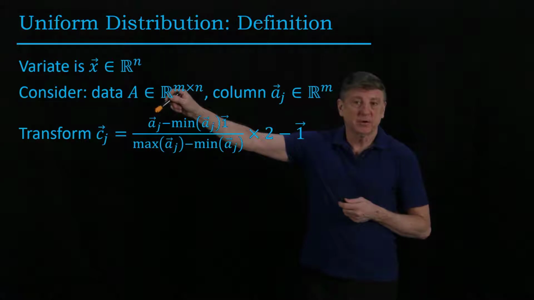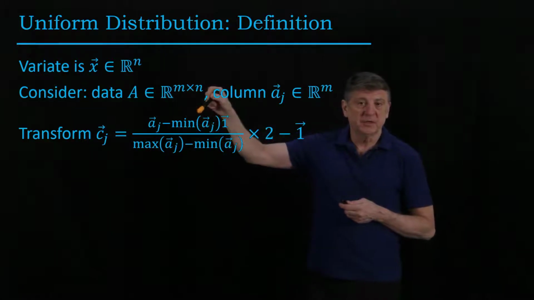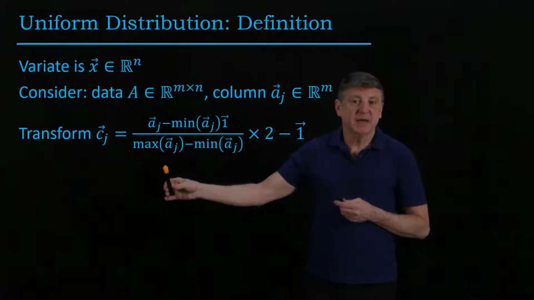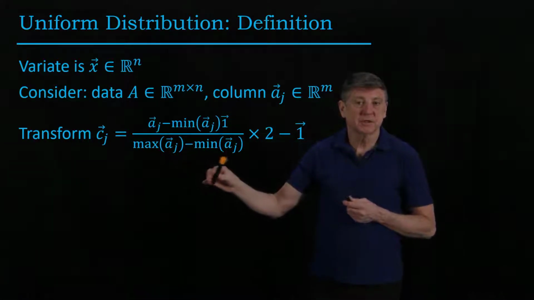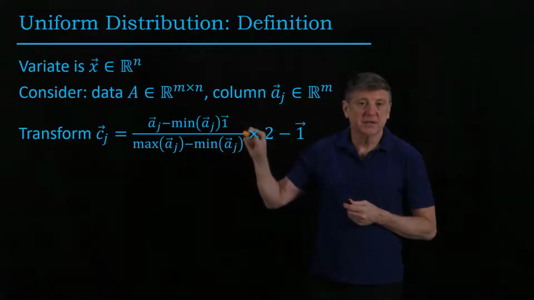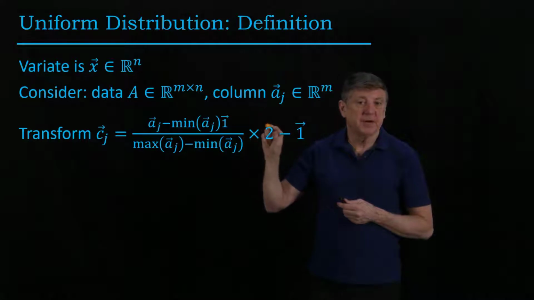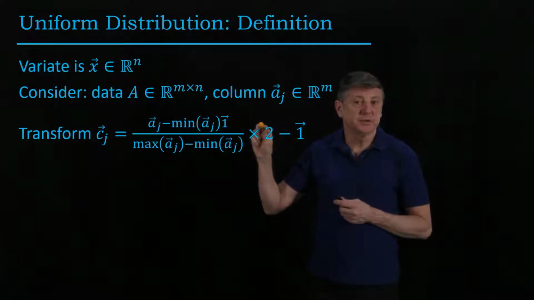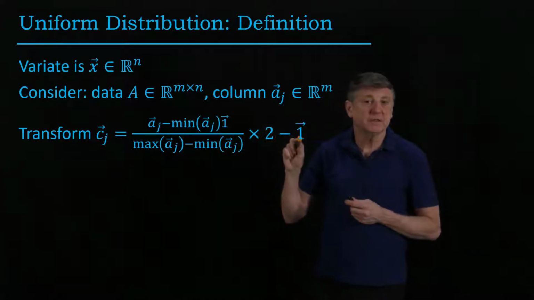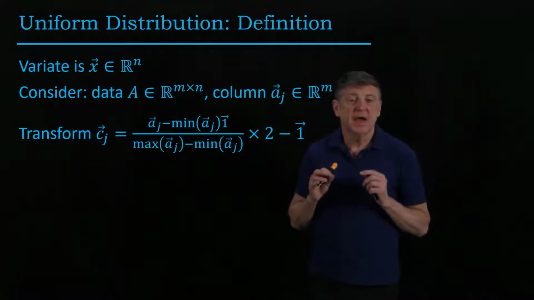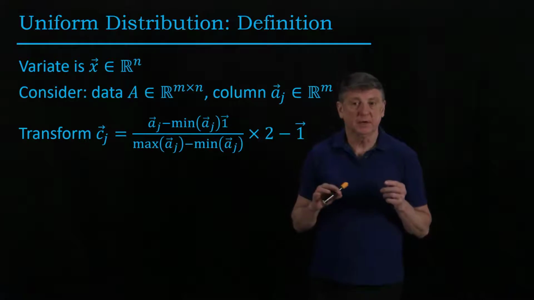We take our original data vector, subtract the minimum value that we find in it, multiplied by the ones vector, and then scale that by the largest minus the smallest. So this fraction is now a number between 0 and 1. If we multiply it by 2, it's between 0 and 2, and if we subtract the ones vector from that, every entry of c sub j lies between -1 and 1.